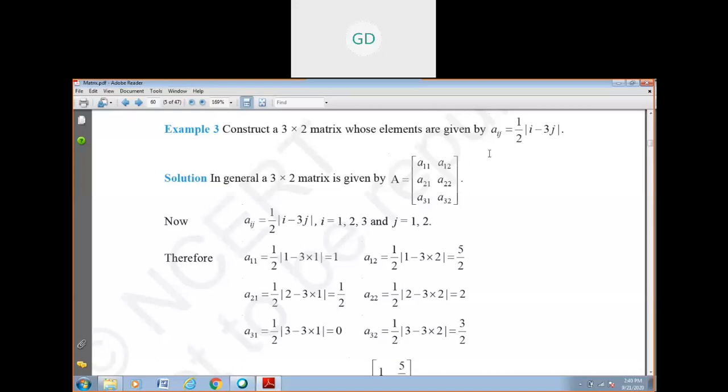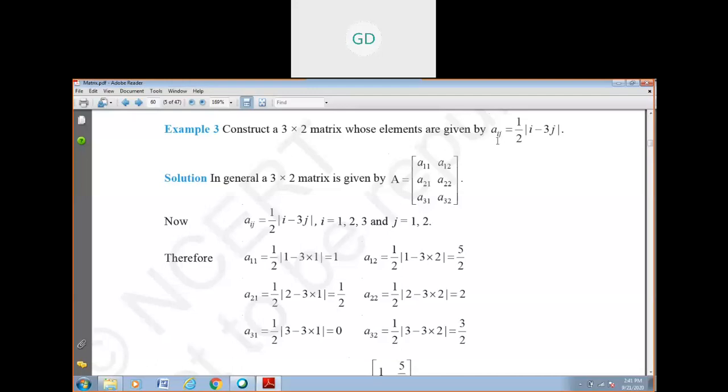This rule is given to get the elements. And as I told you, aij means every element of the matrix, where i always indicates the row and j always indicates the column.